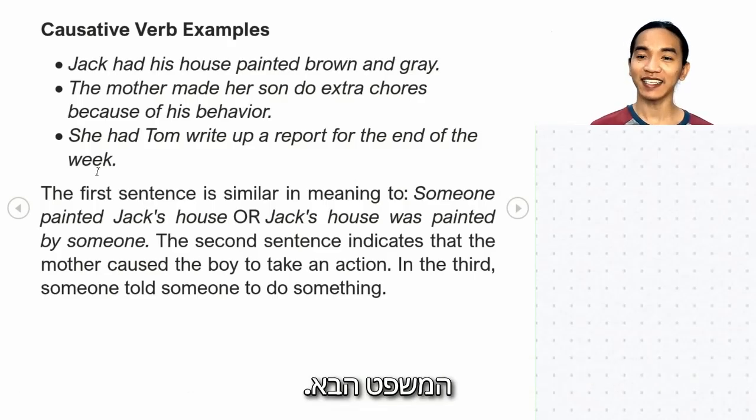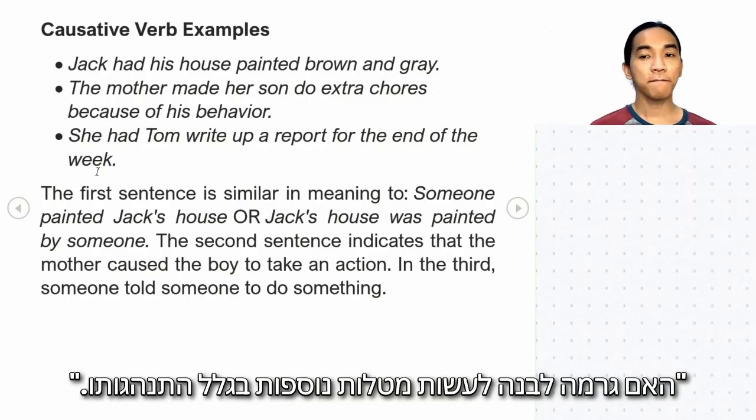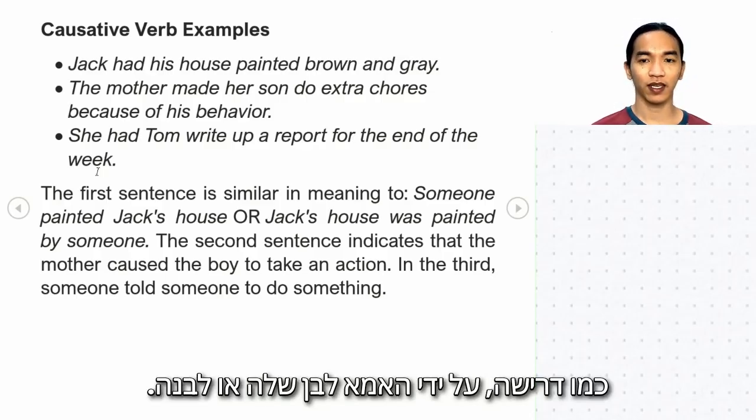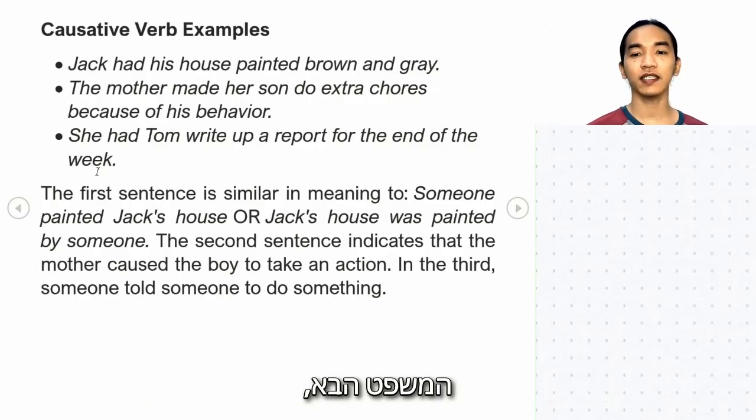Next sentence. The mother made her son do extra chores because of his behavior. So there is a sense of force, like a requirement, by the mother to her son.